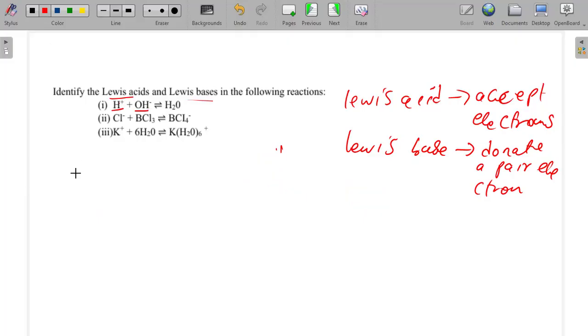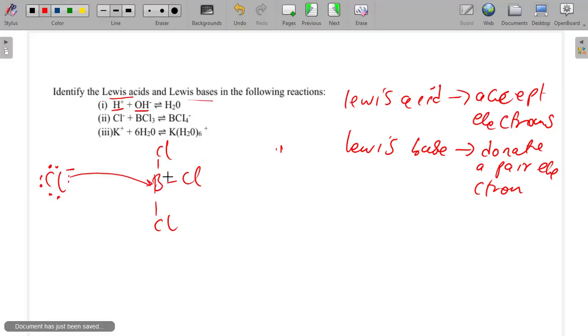So the next one is Cl minus. A Cl minus means that it has lone pairs of electrons, isn't it? Now we have BCl3, where B is bonded to three Cl. This boron atom can easily accept electrons for us to form BCl4 minus. So one of the lone pairs of electrons from the chloride ion is going to be donated to the boron atom there.